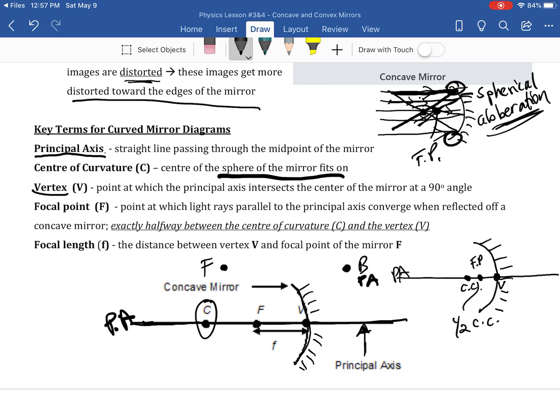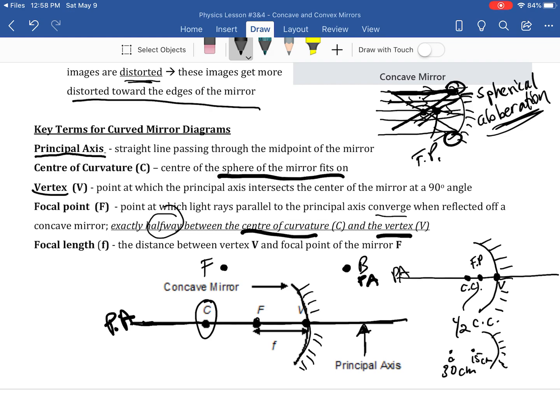So if my center of curvature, let's say, is 30 centimeters from my concave mirror, then my focal point would be half of that, 15 centimeters, okay? So the focal point, a point at which light rays parallel to the principal axis converge when reflected off a concave mirror, is exactly halfway between the center of curvature and the vertex.